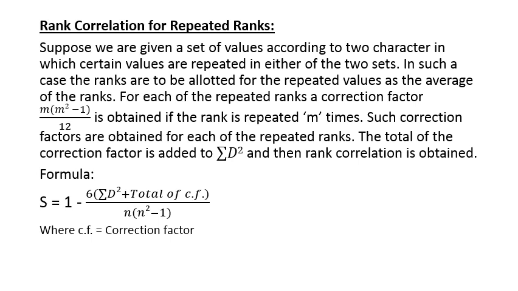The only change between rank correlation and rank correlation for repeated ranks in the formula is that we add the total of correction factor to sigma d square. That is the only change; the remaining elements of the formula are as they are. Here CF represents correction factor.